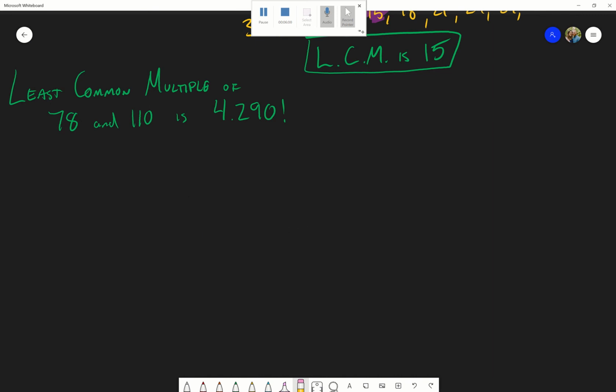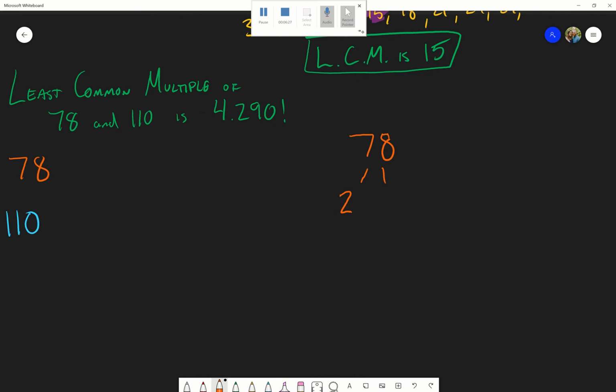Our answer is 4,290, but I'm going to break down how to do the prime factorization of this. So we want the prime factorization of 78 and 110. Let's go with 78 first. 78 breaks down into 2 times, what is this?